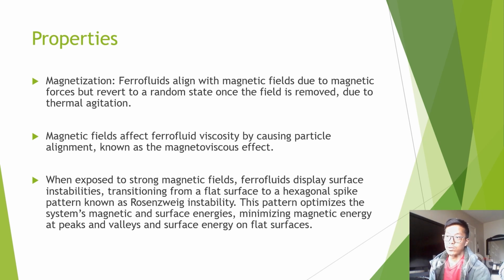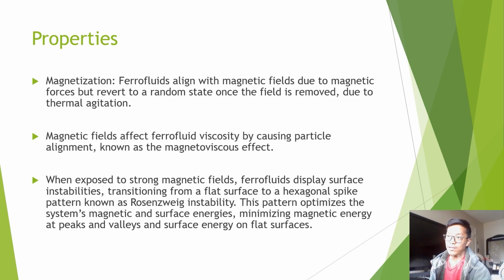When exposed to strong magnetic fields, ferrofluids display surface instabilities, transitioning from a flat surface to a hexagonal spike pattern known as Rosensweig instability. These patterns optimize the system's magnetic and surface energies, minimizing the magnetic energy at peak and valley and surface energy on the flat surface.